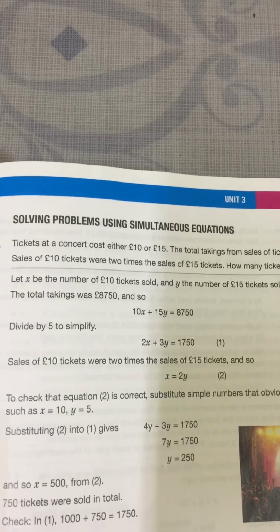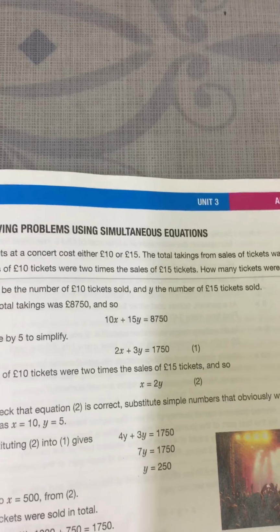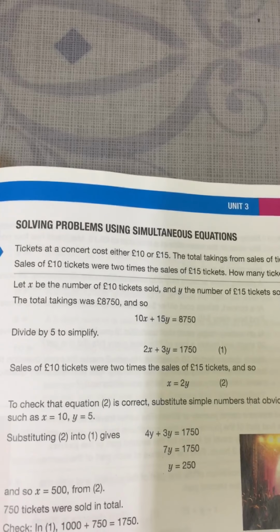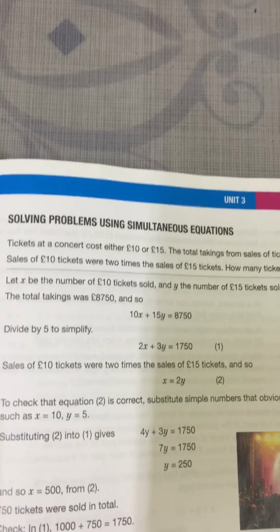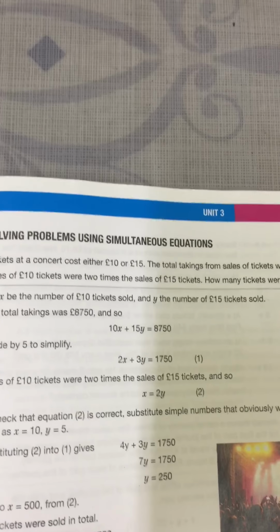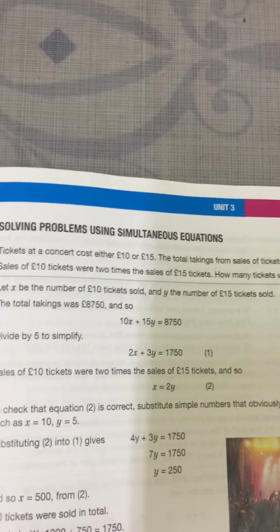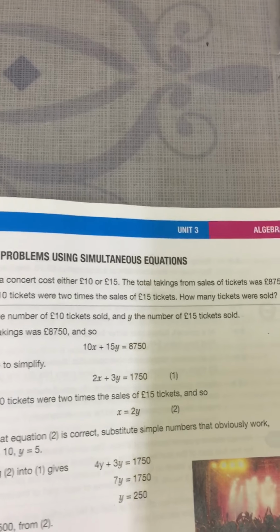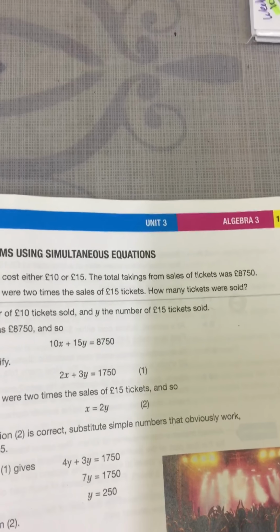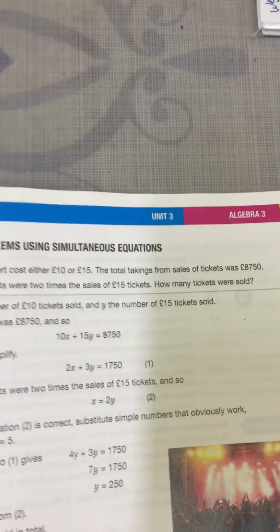How can I solve these problems? First of all, you have to define your variable. So I'll give the first variable x, and the second, let it be y. And then write an equation to represent each sentence from the question.